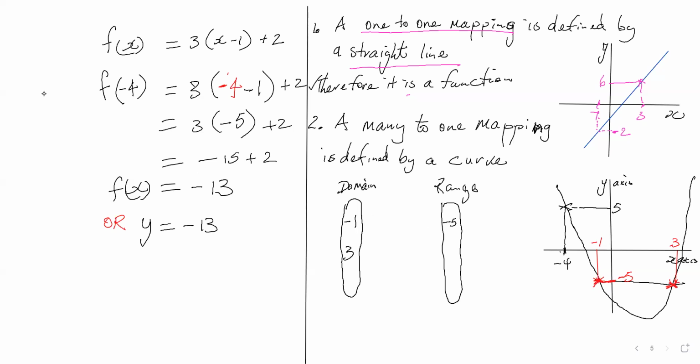So now we have -1 going to 5 and -3 going to 5. So you have two numbers in your domain going to one and only one number in your range. Therefore, this is a function.